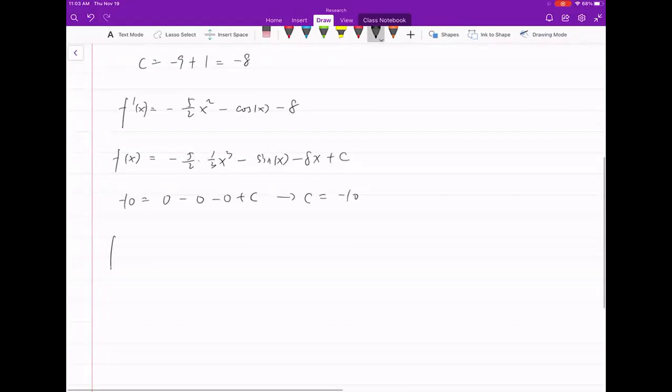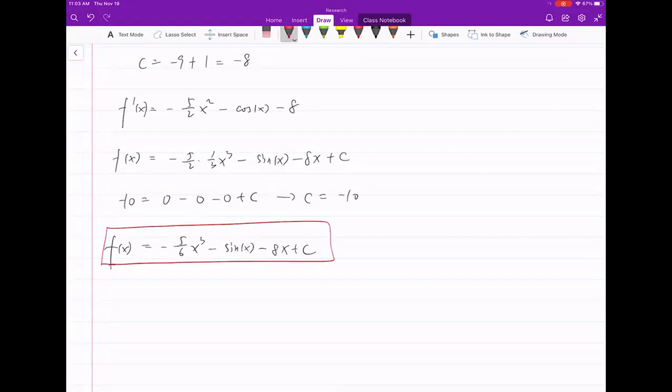So f of x is this. All right, now will be number 9.